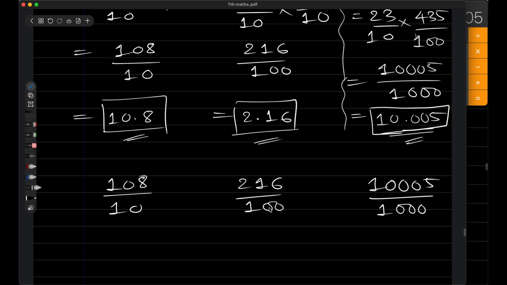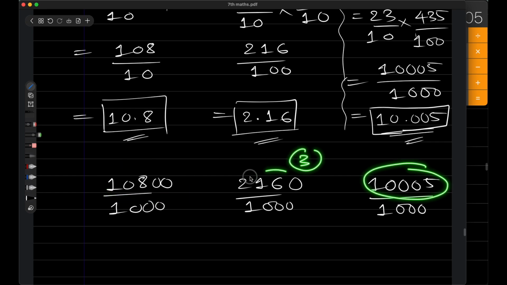Now make the denominator same, that is multiply 100 with 10 and 216 by 10 and multiply 10 by 100 and 108 by 100. Now the denominator is same, so higher will be the numerator, higher will be the value.